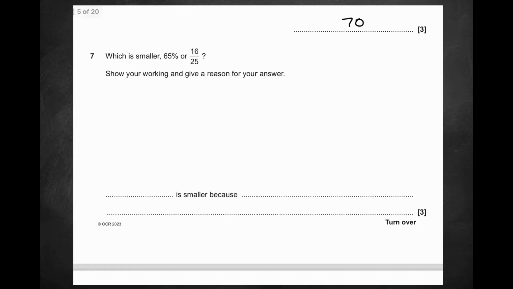Question number 7. Which is smaller, 65% or 16 over 25? Show your working and give a reason for your answer. So what I'm going to say is 1 out of 25 is 4%, as 100 divided by 25 is 4. Therefore, 1 out of 25 is the same as 4 out of 100.